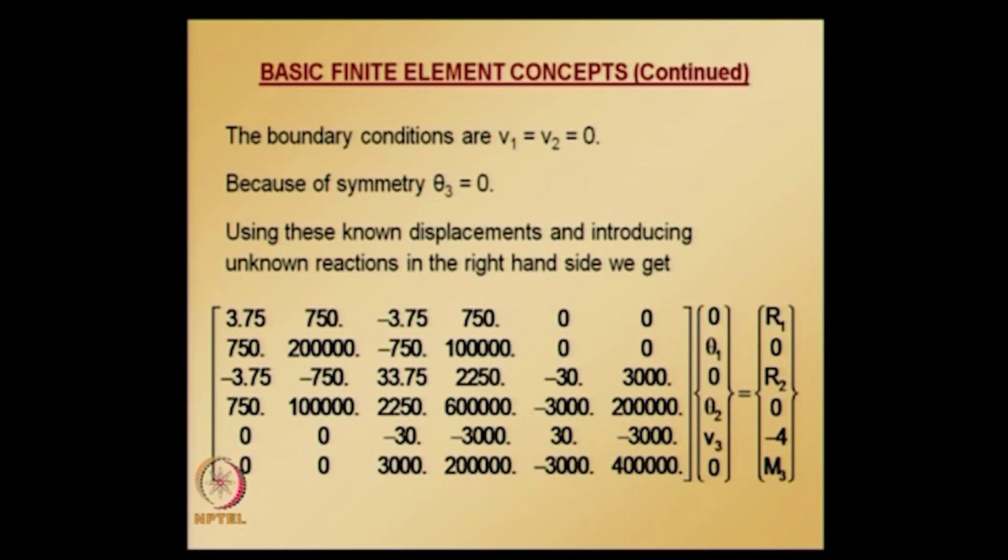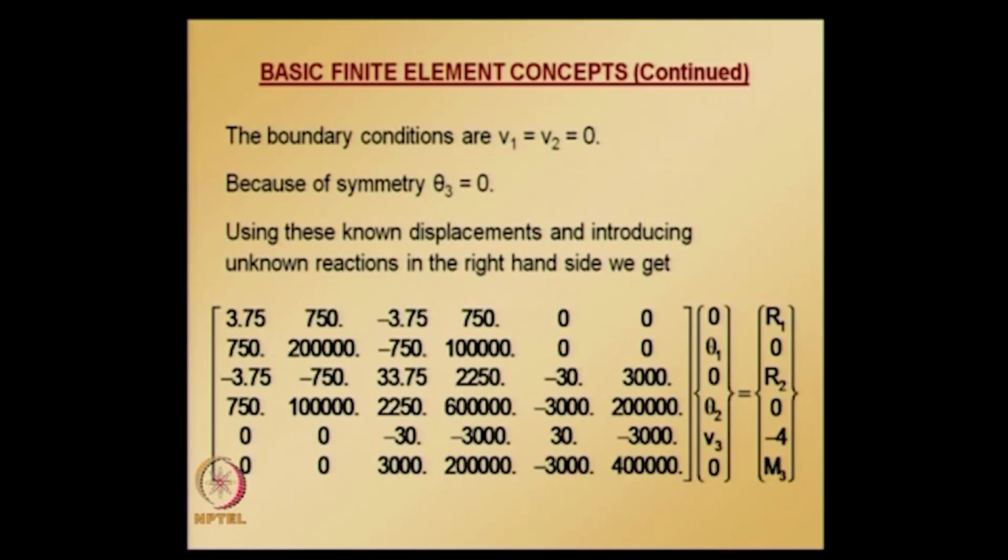And now to solve for the unknowns, that is theta 1, theta 2 and V3, we can eliminate the rows and columns corresponding to the degrees of freedom whose value is 0. So the 3 unknown displacements and rotations can be obtained from the second, fourth and fifth equations.